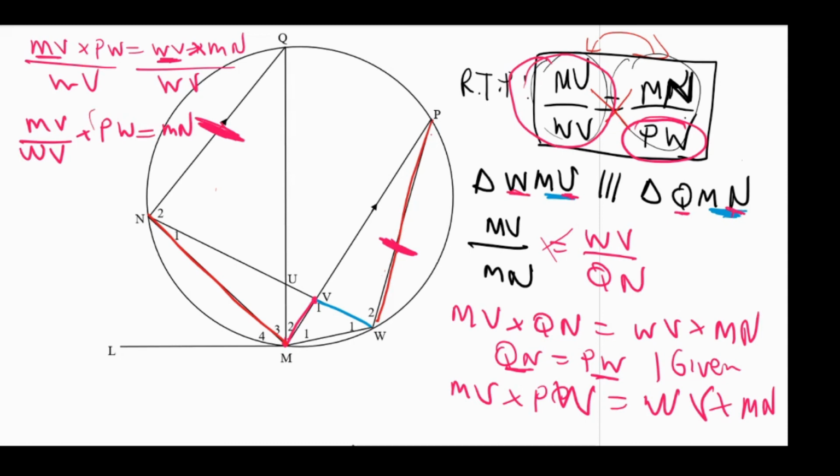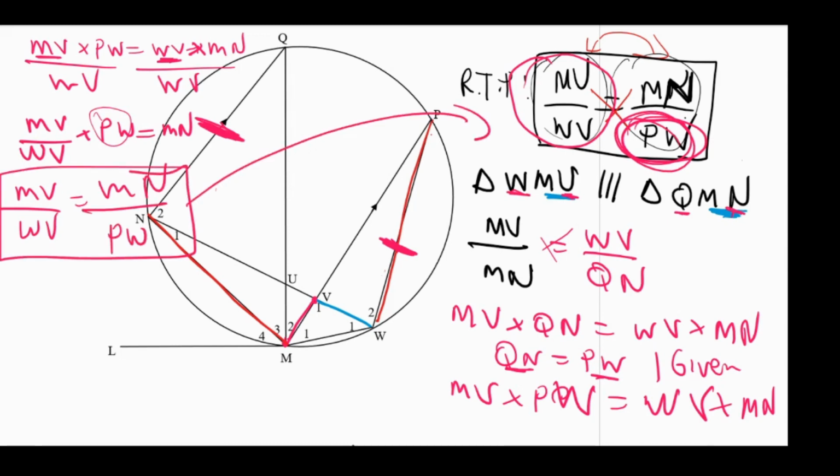So we're going to remove this PW because it's at the bottom, as you can see here, and we divide by PW both sides, so we have MV over WV is equal to MN over PW. So this is the expression that is required to be proven in this problem here.